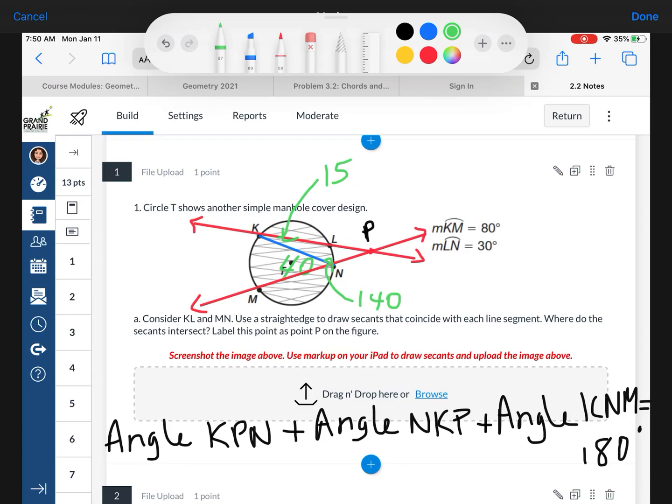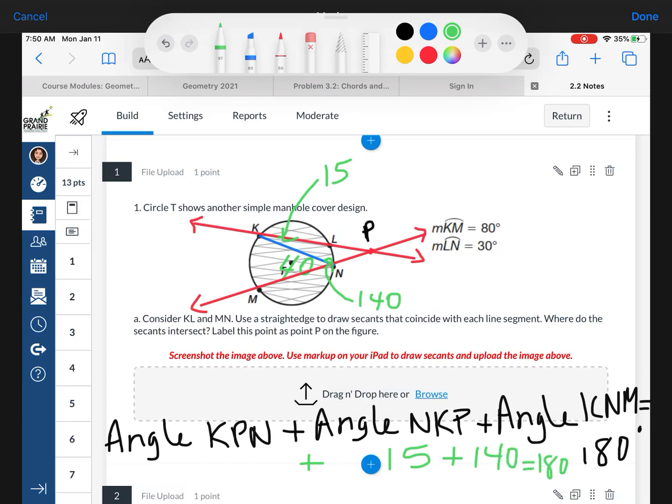And down here we actually wrote it down. So which angle is that? KPN is the one we're looking for. We know angle NKP we just found is 15. And we know the measure of angle KNM is 40, which helped us find the measure of angle KNP, which is 140.